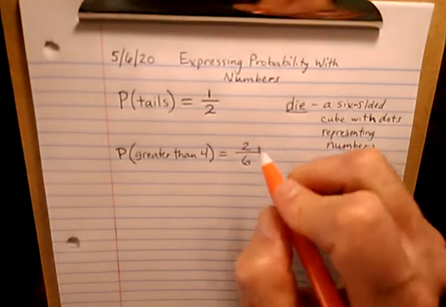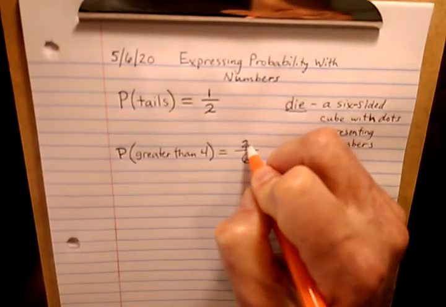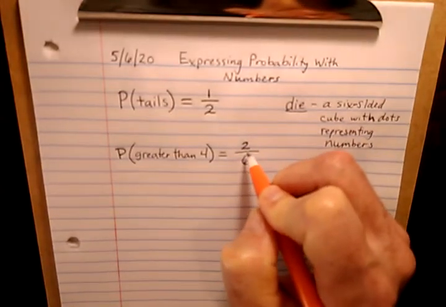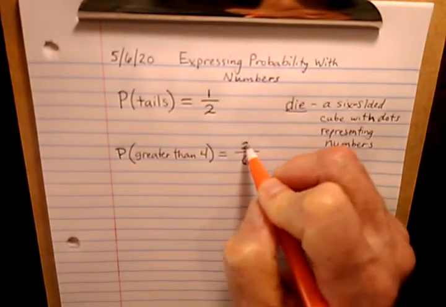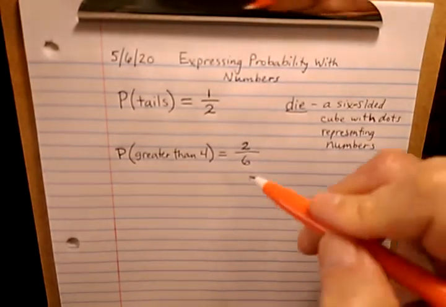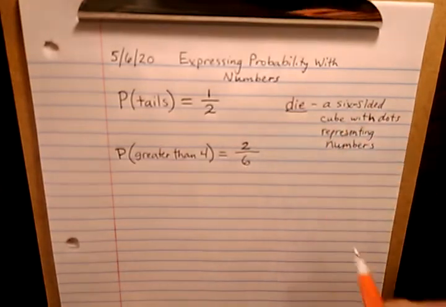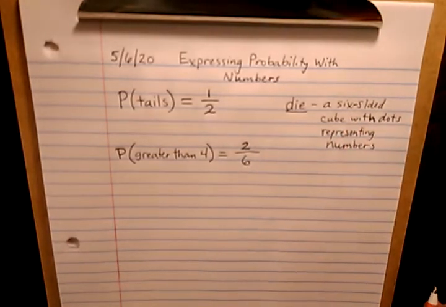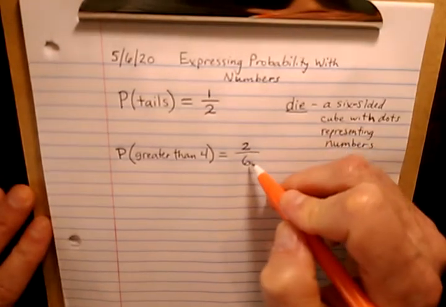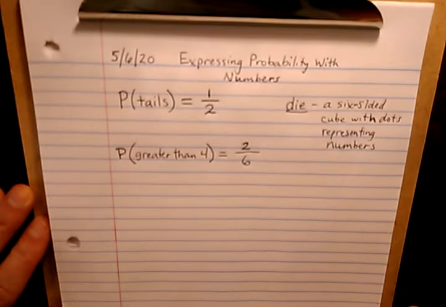All right, well, one thing that you're often asked to do in probability is not just write a ratio or a fraction like that, but you're asked to convert the fraction into a decimal or a percent. So let's practice that right now. How do we change 2/6 to a decimal and a percent?